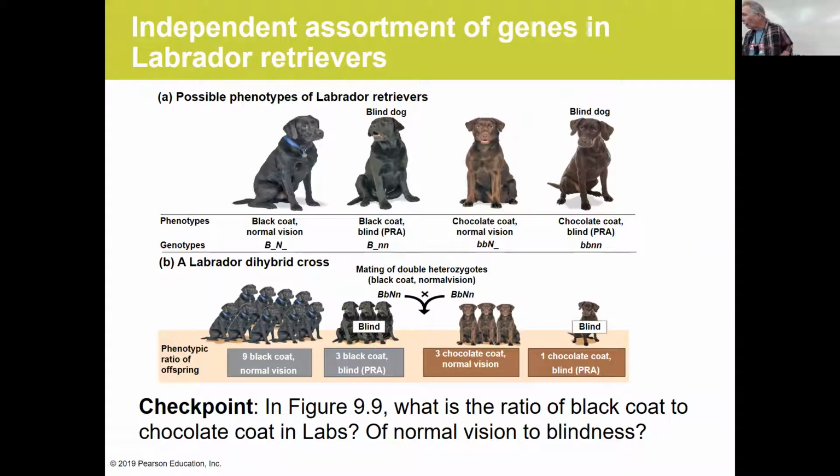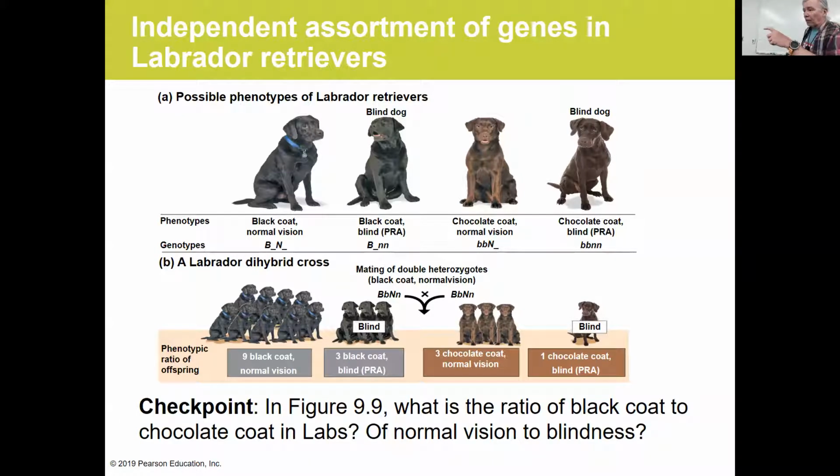So what would be the genotype of a dog here with a black coat and normal vision? Gotta have a big B because it's black and something else. And that could be a big B or a small b, wouldn't matter because big B is dominant. And it has to have a big N, and it doesn't matter what the other one is. Remember, there are 4 letters in a dihybrid genotype. So it's big N and something else, big N or small n, doesn't matter.